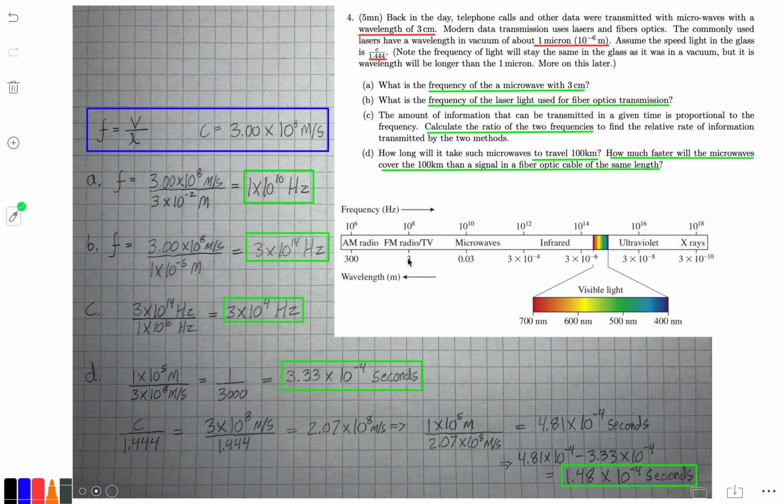Starting off, it asks us for the frequency of a microwave with a 3 centimeter wavelength. If we remember from lecture, specifically our lecture on light, we're given this equation right here. This equation is very important for these types of problems.